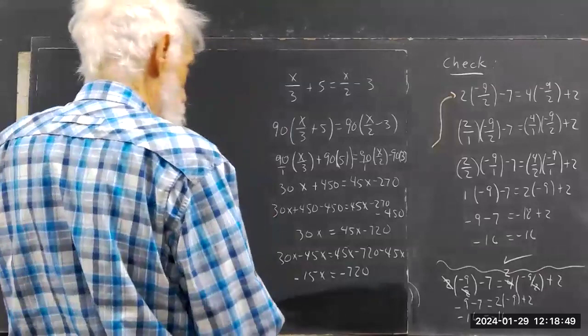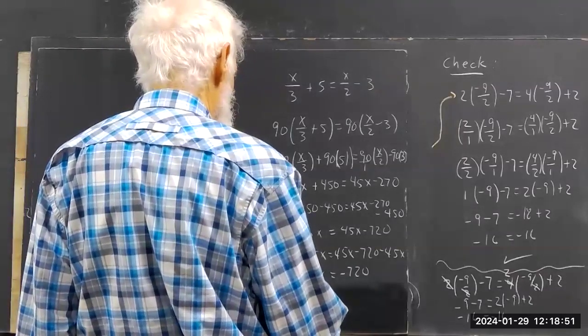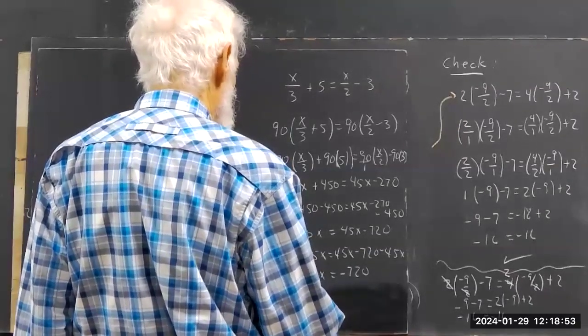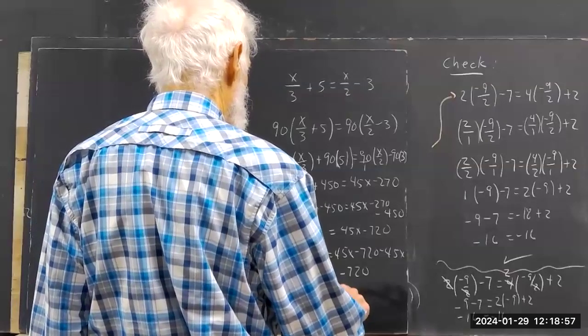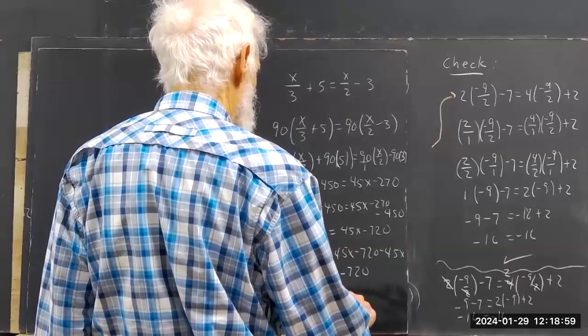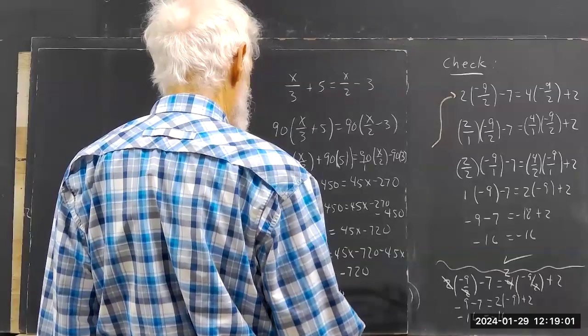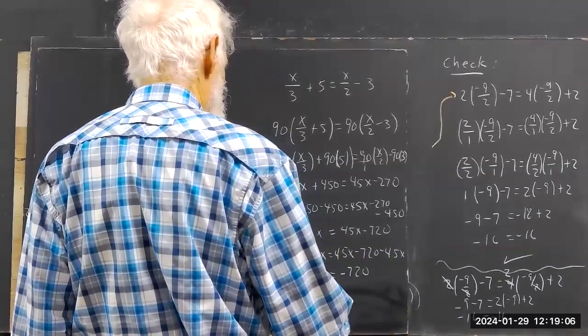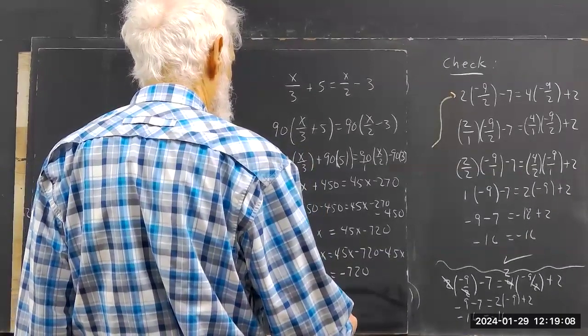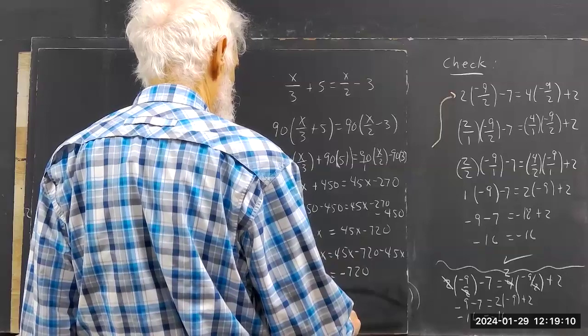Well, what I should have done is I should have written negative 15x over negative 15 equals negative 720 over negative 15. So that x equals 48, not negative 48.